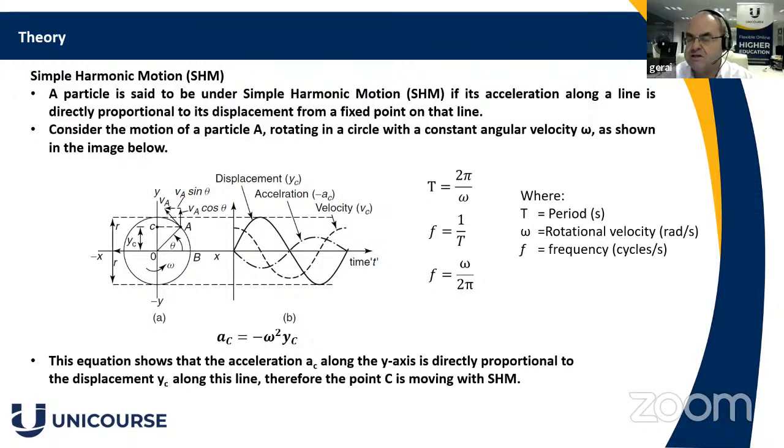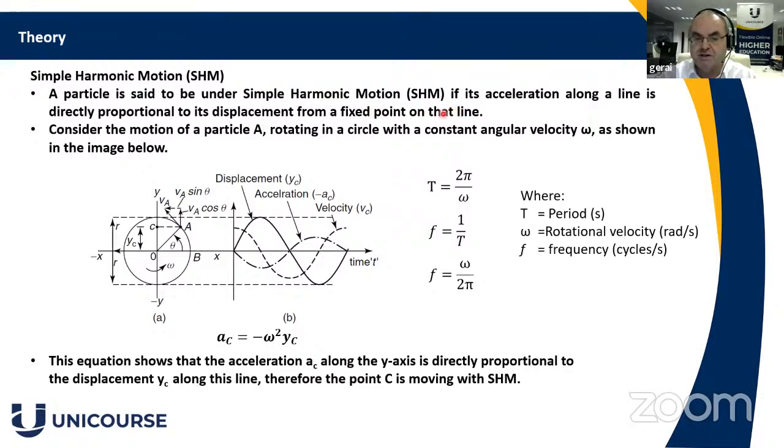The first thing is you're asked to define simple harmonic motion. So what we'll do is go through the definition of simple harmonic motion. A particle is said to be under simple harmonic motion if its acceleration along a line is directly proportional to its displacement from a fixed point on that same line.